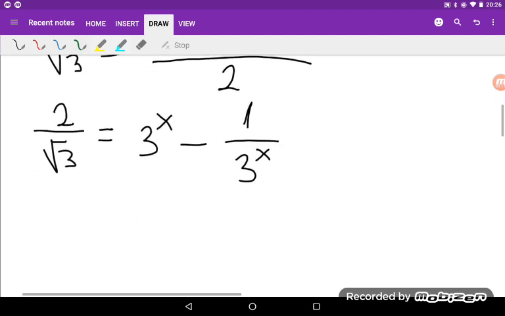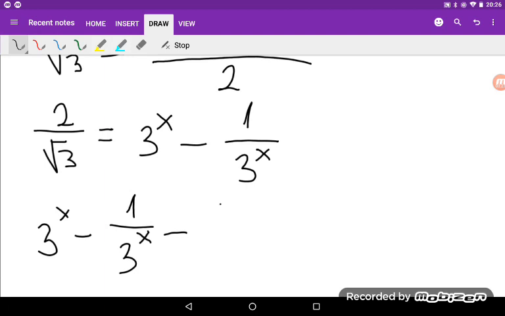Okay, and now I will just write everything on the same side. So 3 to the power of x minus 1 over 3 to the power of x minus 2 over square root of 3, that's equal to 0.